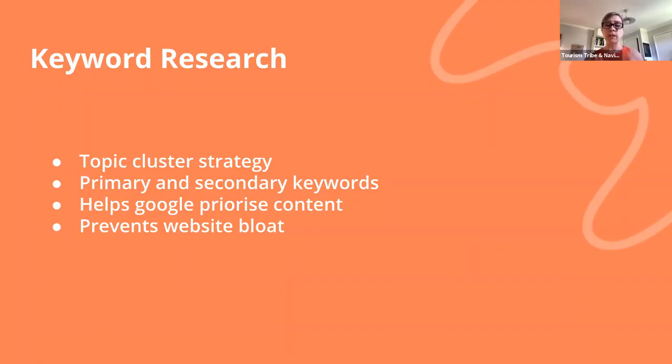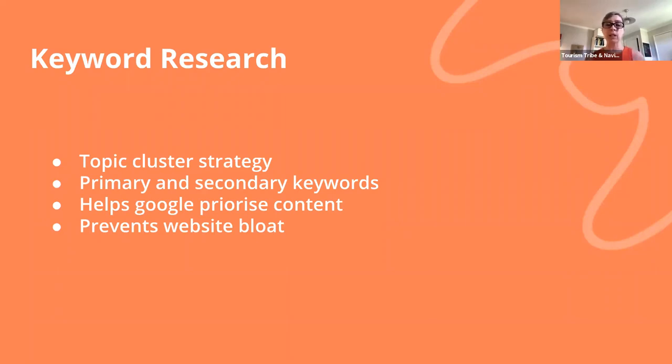We'll have a dedicated page on your website for this topic cluster, comprising the primary keyword, and then we will also use the secondary keywords and distribute those on the website. Those secondary keywords will also link from that dedicated page.